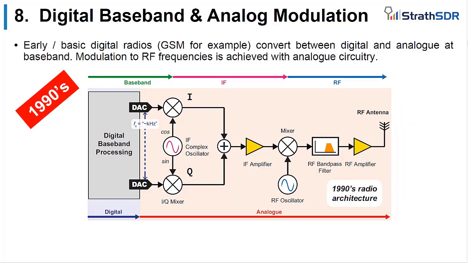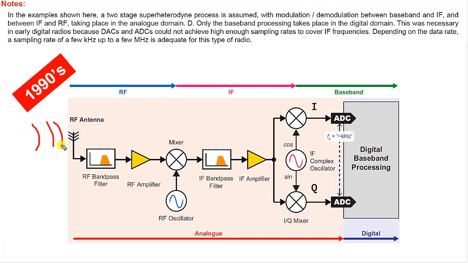If we look at the receive side, let's receive that signal. We have a bandpass filter and an RF amplifier. We choose to use an IF system, and this IF system will bring the signal down to an intermediate frequency. Then another oscillator brings it down to baseband.